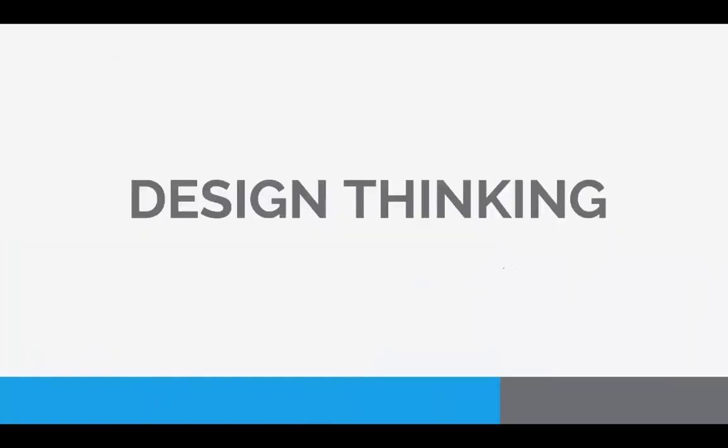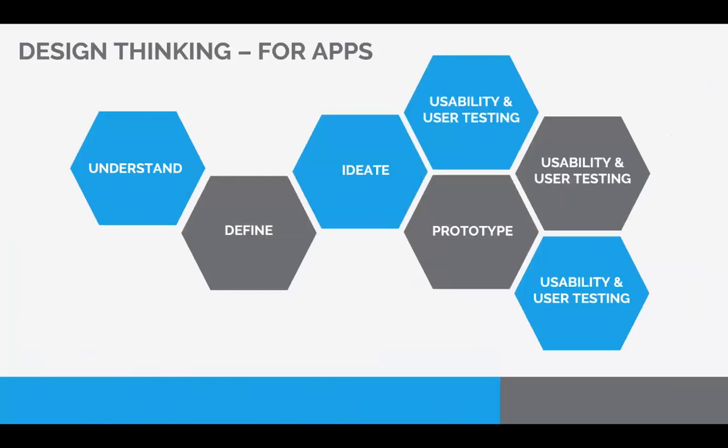Now, just to very quickly talk through this bit before we get into the main bulk of the demo, we have all heard of design thinking. What we do for applications specifically is we follow this process, which is a fairly quick process, and it's about understanding the user need, the enterprise problem, and then defining what that problem is. And then when we get into the ideate or idea stage, we start building up a catalog of ideas via different techniques such as workshops, but we quite quickly get into a prototype stage.